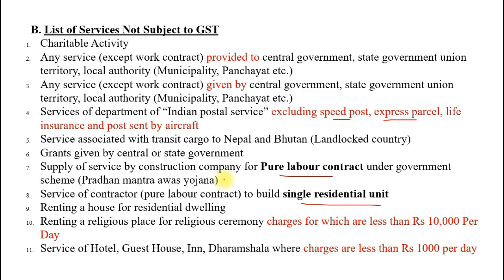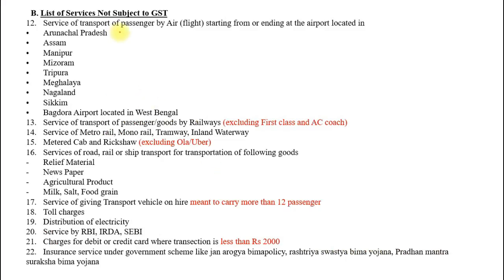Next, service of transport of passengers by air, flights starting from or ending at airports located at Arunachal Pradesh, Assam, Manipur, Mizoram, Tripura, Meghalaya, Nagaland, and Sikkim, and Bagdogra Airport in West Bengal. So if any airline is transporting passengers from or to any of these airports, to and fro, they are exempted from GST.